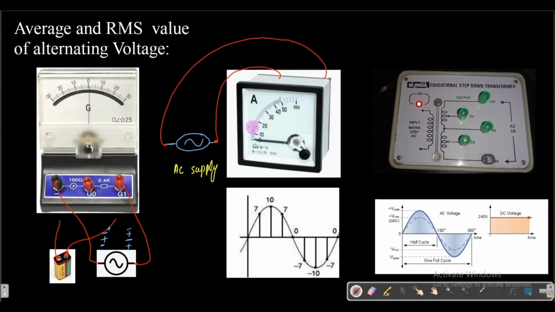In this ammeter, the needle is not vibrating. Their polarity and magnitude are changing, but here the needle is at a fixed position. It is not changing. Such type of ammeter is present in the circuits of your homes. It gives us a specific value of the current. The needle is not vibrating even though the supply is changing its magnitude and direction.